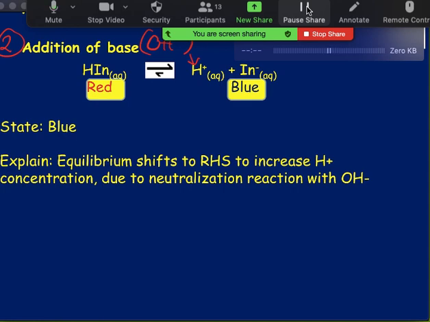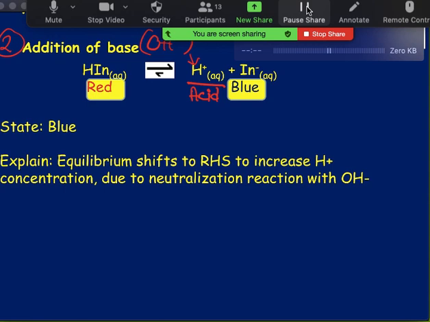Remember when we did acid-base pairs? But all they're looking for you to recognize is that from that equation, H+ here is acid. And if you're adding in base, then that base is going to neutralize that acid.